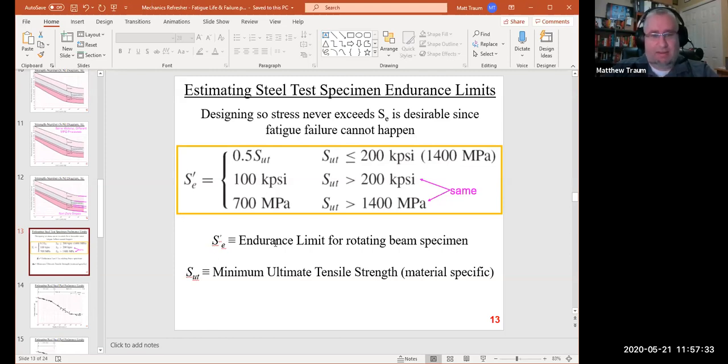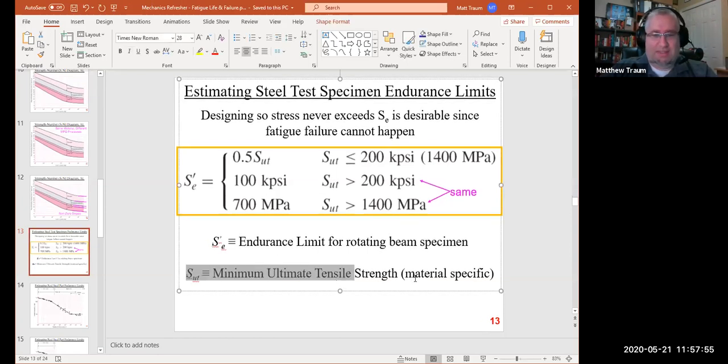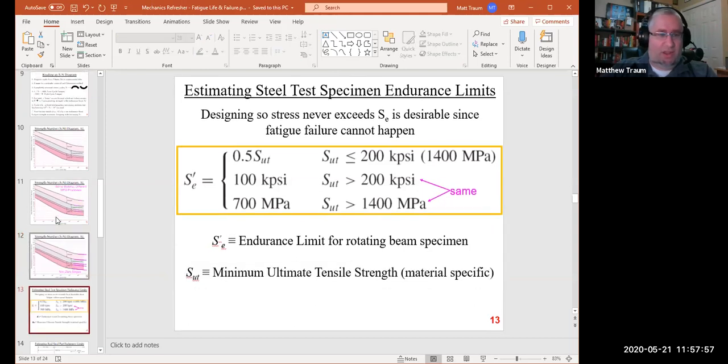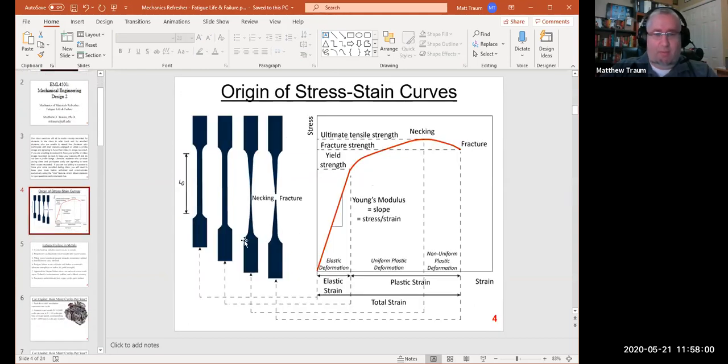So how do you find the endurance limit for this very specific rotating beam, this S prime E? Well, there's a formula for it, which is here. We take the minimum ultimate tensile strength for your specific material and plug it into this formula. To remind you what this is, if we go all the way back to the beginning, here's our stress strain curve. Here's the ultimate tensile strength, so it's just one point on this curve.